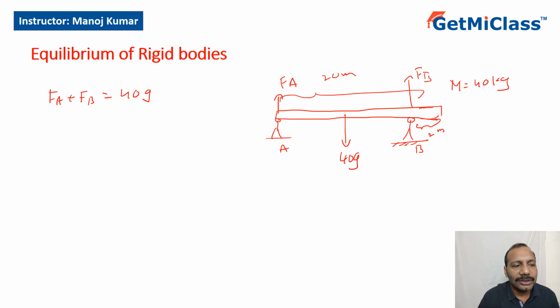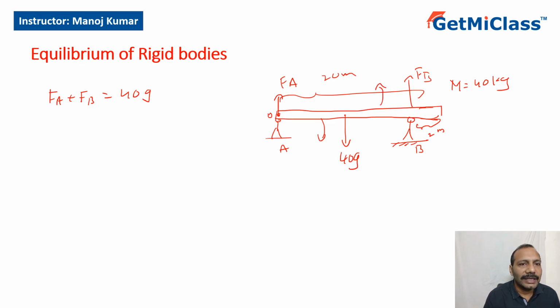Now I'll look into using the equation of torque. For using the equation of torque, I can take any point as axis because angular acceleration about any point should be 0. I'll take this point O as axis. About O, torque due to FA is 0 because it is acting along the axis. Torque due to 40G is clockwise and torque due to FB is counterclockwise.